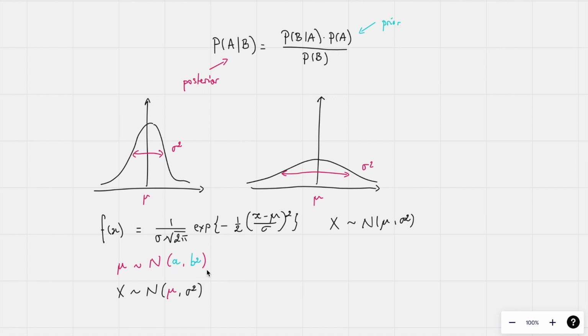And so now it becomes interesting: we're going to observe the variable x here. It means that these values will be known, but we are never going to observe the variable mu. Mu is a parameter we'd like to estimate, and we first assume that it has this distribution, but after we observe the values of x, we're going to change our mind, to update our knowledge about the distribution of mu.